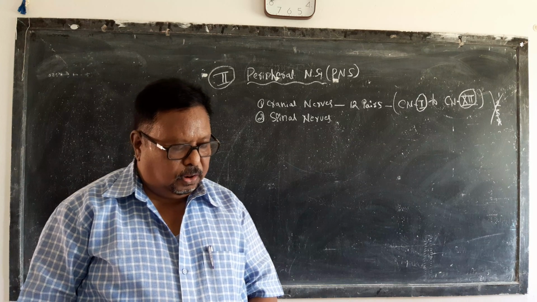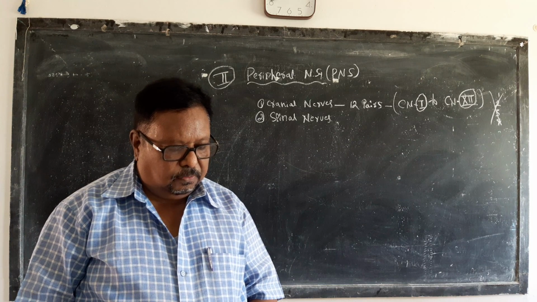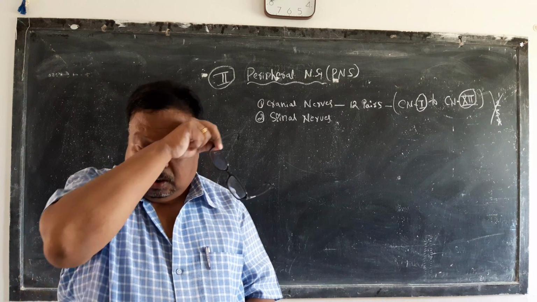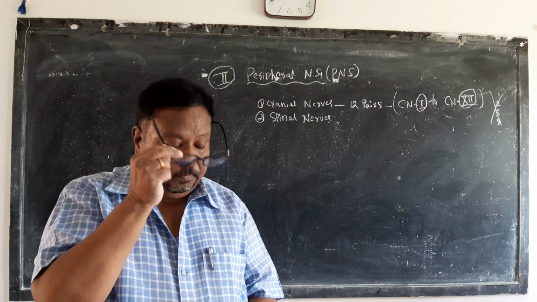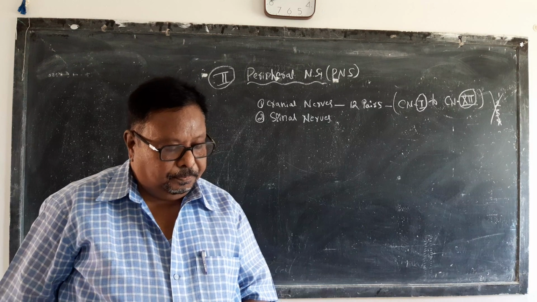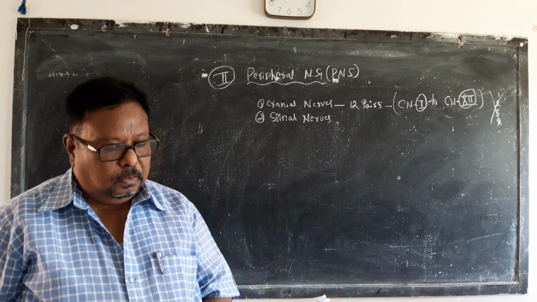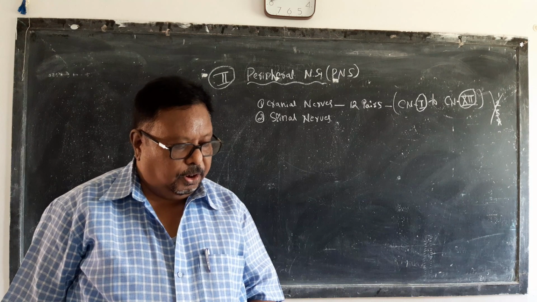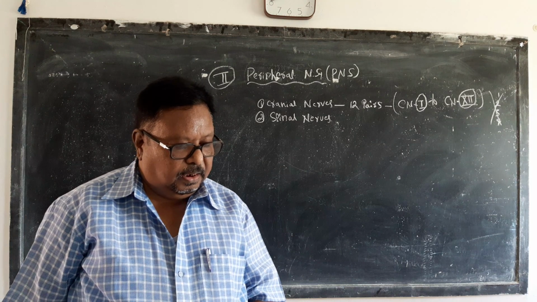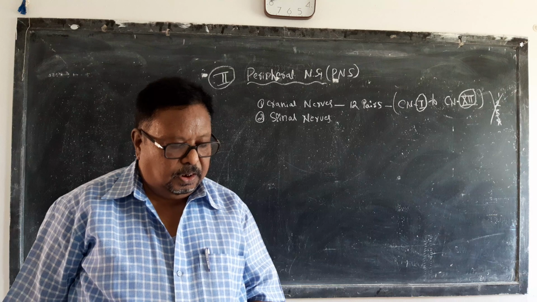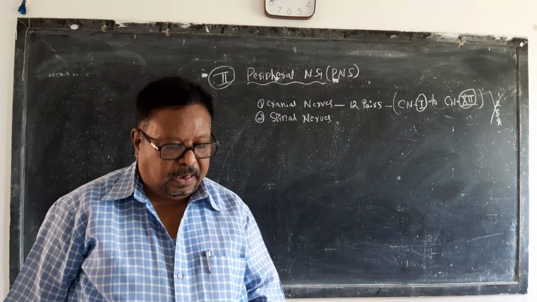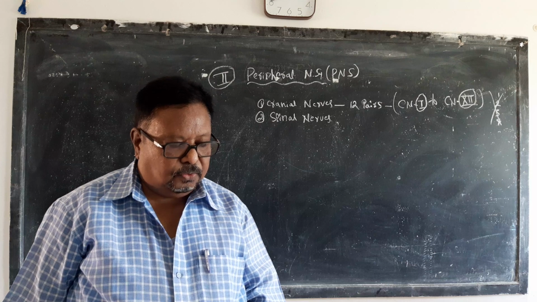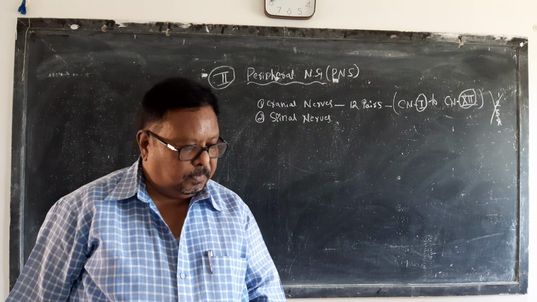Now CN4 is the trochlear nerve, which supplies the superior oblique muscle of the eyeball. CN5 is the trigeminal nerve with 3 roots: ophthalmic, maxillary and mandibular, which supply the buccal cavity.